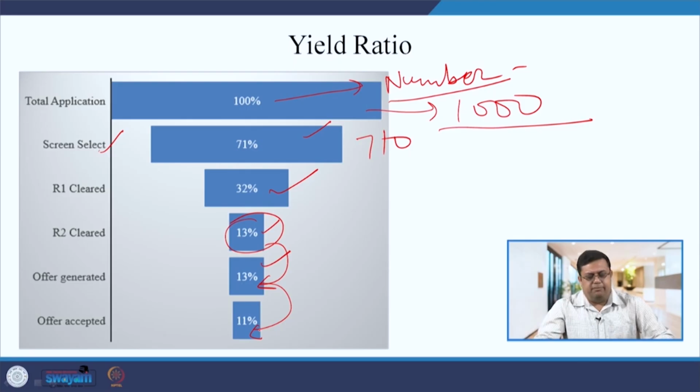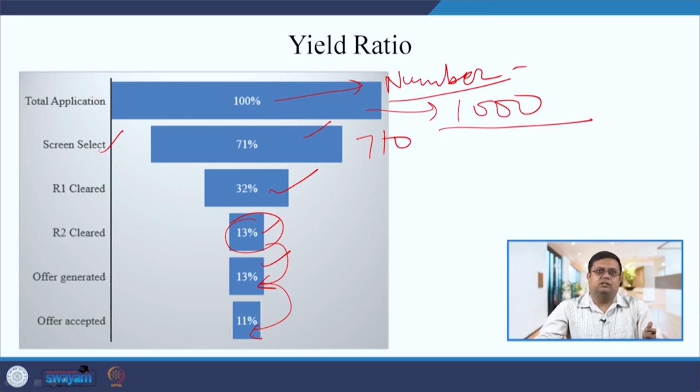If you have prepared this yield ratio for the recruitment and selection activity, now you can calculate various ratios like the job acceptance rate, the Renes ratio, right? And if you have this data in front of you, then you can make a decision.